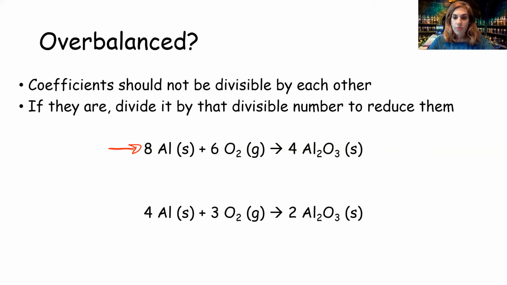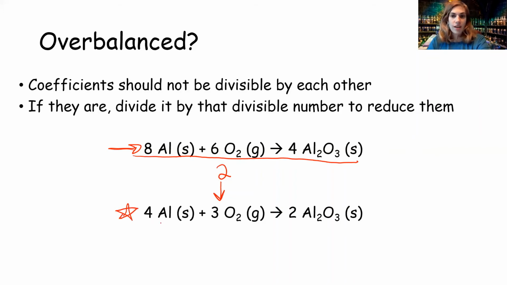If all the coefficients are divisible by each other, we need to reduce them until they're no longer divisible. So in this case, these are all divisible by 2. If I were to divide this all by 2, I end up with the simplest whole numbers down here. And this would be my correct answer.